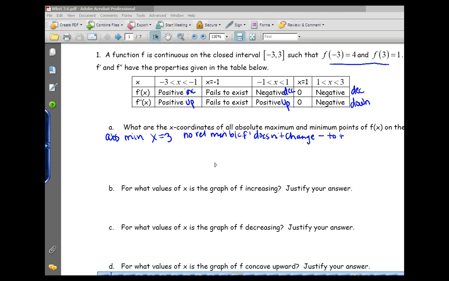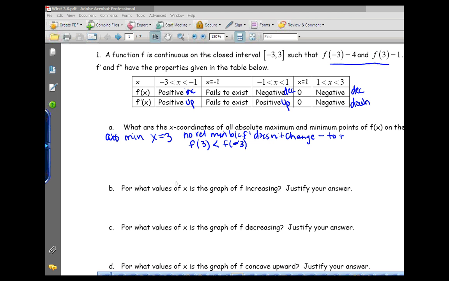That's smaller. How can I communicate that mathematically? Okay. How about f of 3 is smaller than f of -3? All right, so my absolute minimum is x equal 3 because there was no relative minimum, and f of 3 is less than f of -3.